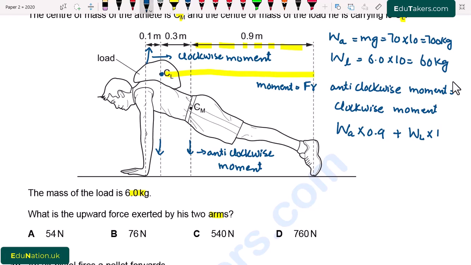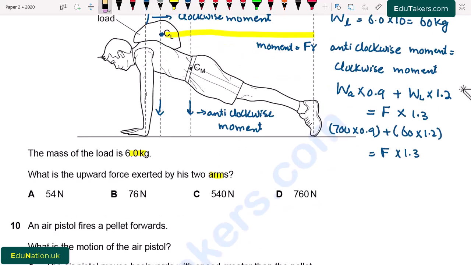So multiply it by 1.2, it will be equal to the force that is acting in the upward direction multiplied by the perpendicular distance. So this distance is basically equal to 1.3. So I write here F multiplied by 1.3.